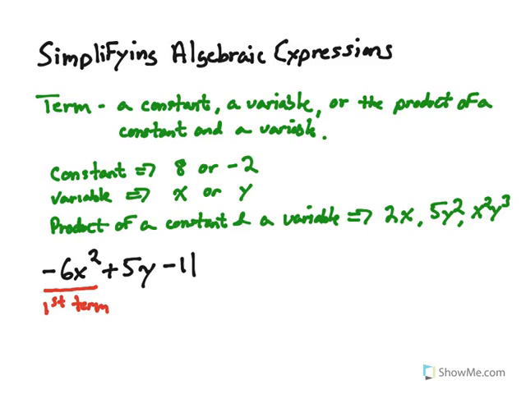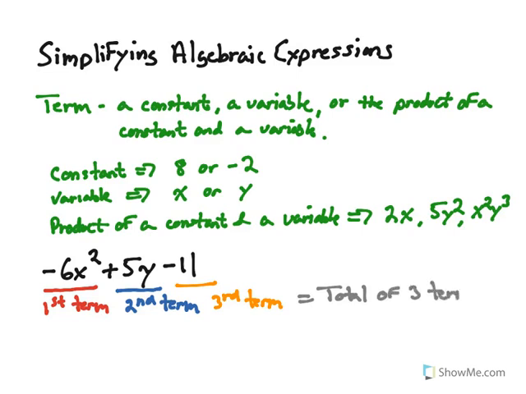And then you have plus 5y. That is your second term. And then you have -11, and that is your third term. So you have a total of 3 terms in here.